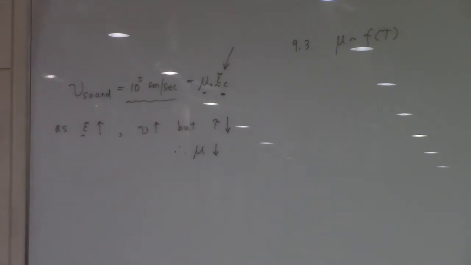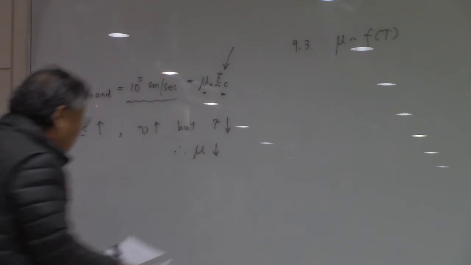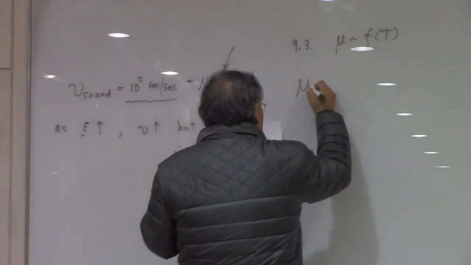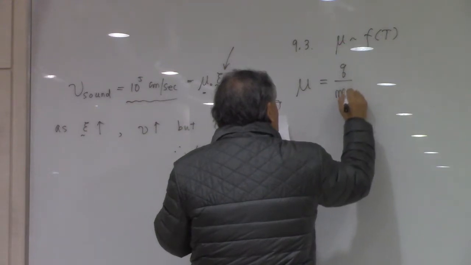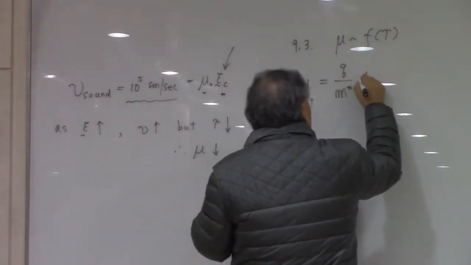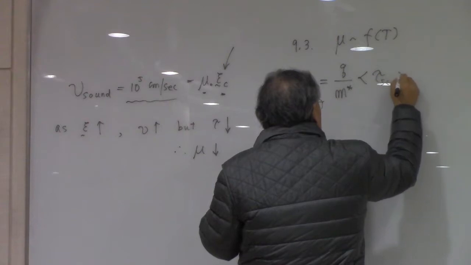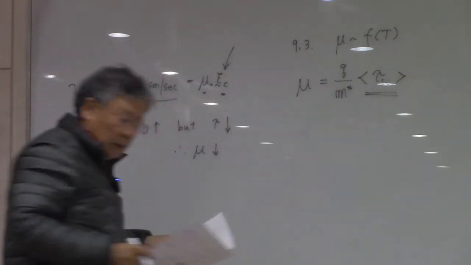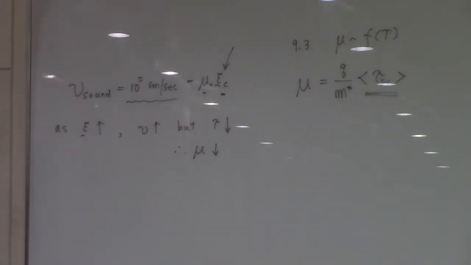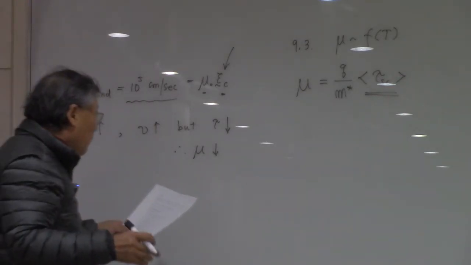So in this analysis, what we are going to do is use the mobility equation that we have discussed. Then we mainly concern ourselves with the relaxation, scattering time of the material, the scattering time dependence with respect to the temperature.